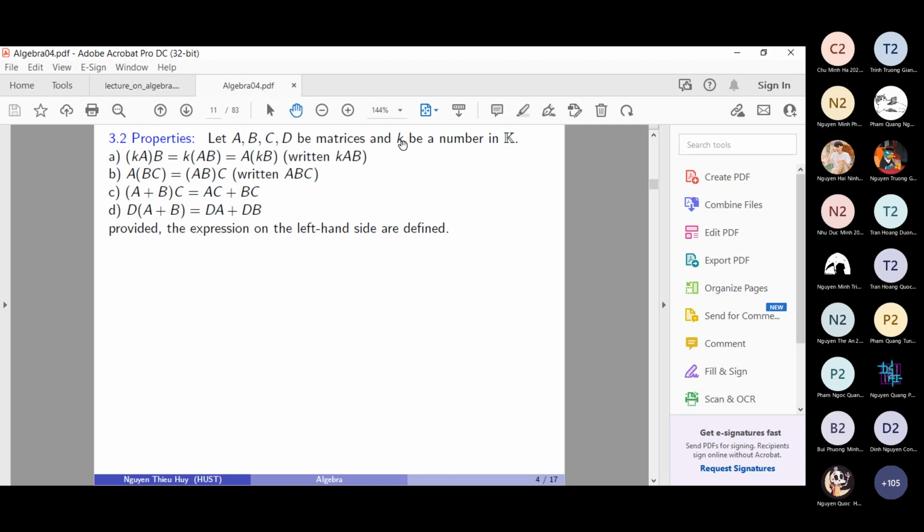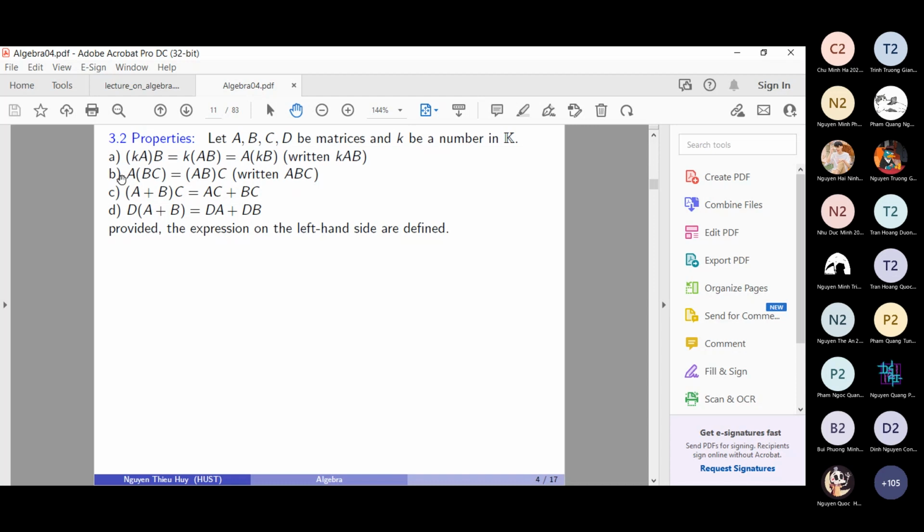When K is a number, then you can put K in any position in a series of products. Now you can put K anywhere. It's the same. The proof is easy, of course, because multiplication by a number is scalar multiplication. You multiply K with every entry. So therefore you can draw K anywhere you like.